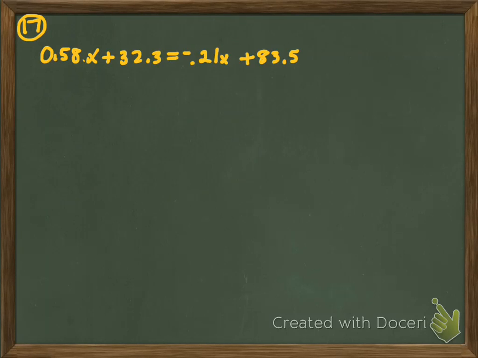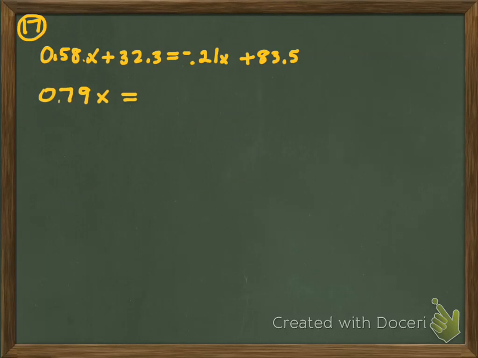Now, you could do this however you want to, but what I teach my Algebra 1 students when I teach equation solving is that when you have an x on both sides, you should eliminate the smaller one. So if we add 0.21x to both sides, 0.21 plus 0.58 is what? 0.79x equals, because we're also, having moved the x terms to the left, going to get that constant out of here all in one step.